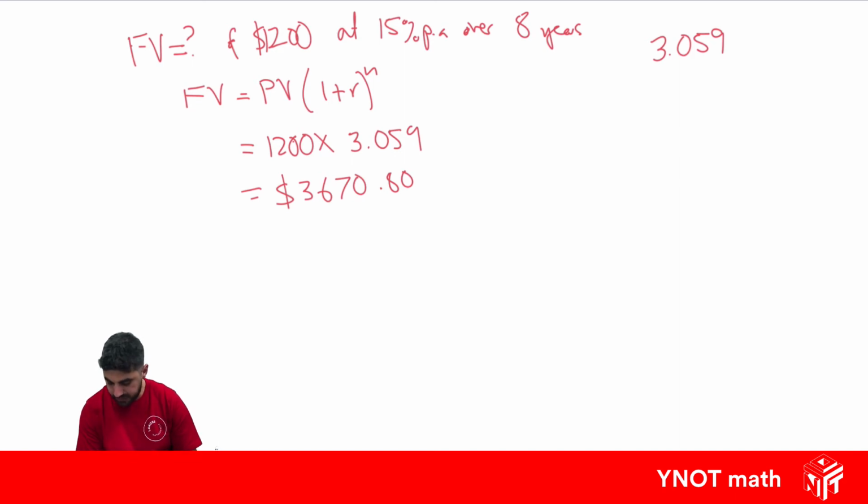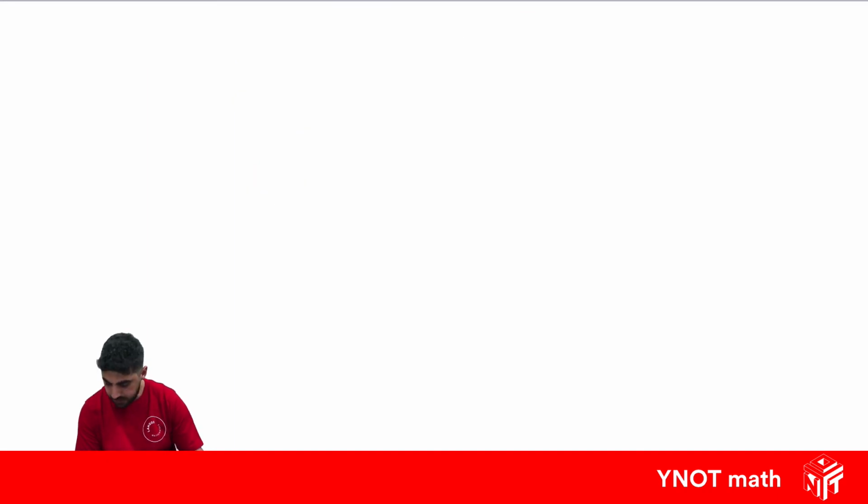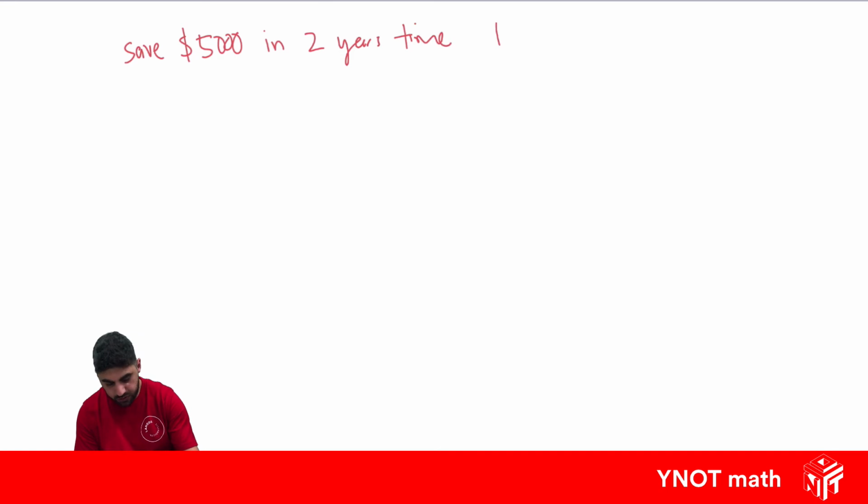Okay, let's have a look at another question. All right, you want to save $5,000 in 2 years' time. And you can invest at 12% per annum, compounded monthly.